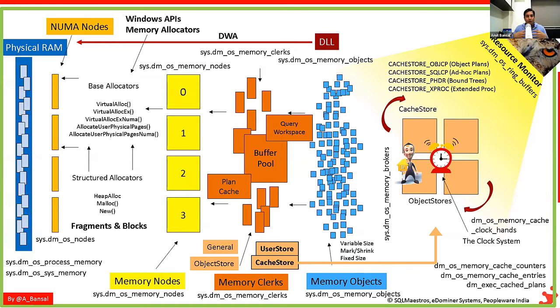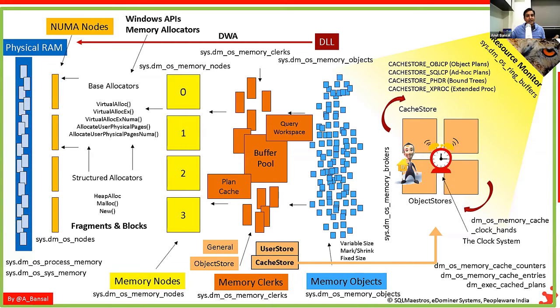Now, all this while we have been talking about SQL Server memory consumers asking for memory, and the memory that they get is from the SQL Server exe, the SQL Server process space. There are certain allocations that happen directly with Windows. Those are called direct Windows allocations, or DWA. Let's take an example. You have created a DLL, for example, and you load that DLL in SQL Server process space.